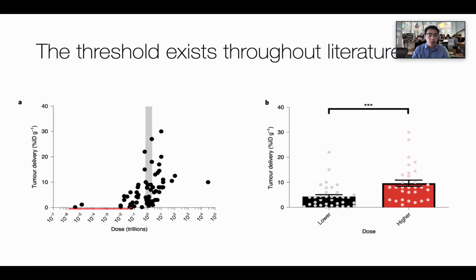As you increase the dose, we saw this inflection point that roughly happened around 1 trillion. When we divided the studies in half, it turned out that the median was about 1 trillion nanoparticles, and we compared the halves to each other. And you can appreciate that nanoparticle studies that gave below that dose threshold had less tumor delivery than nanoparticle studies that had given doses above that threshold.